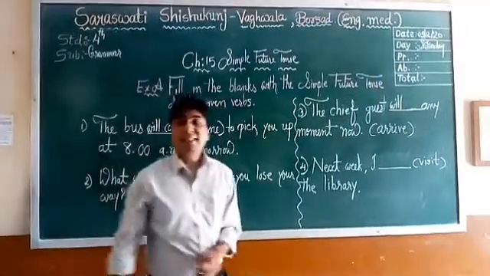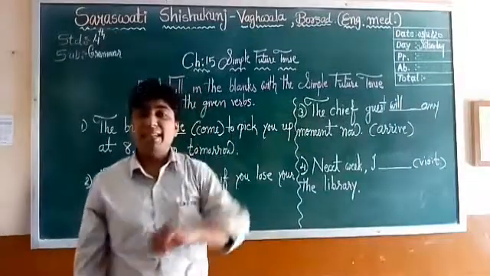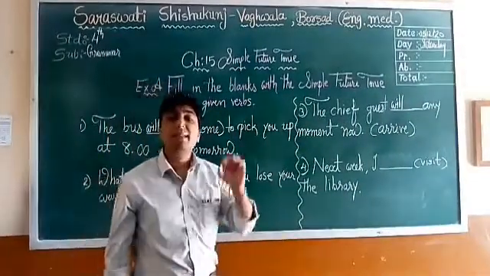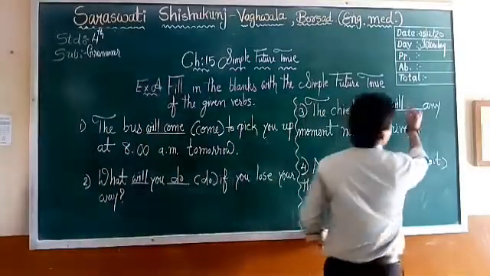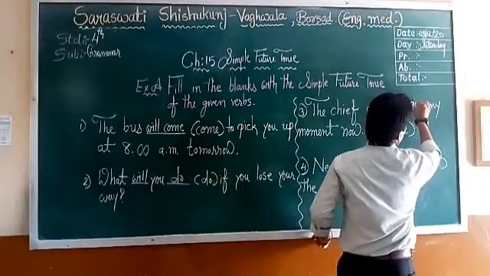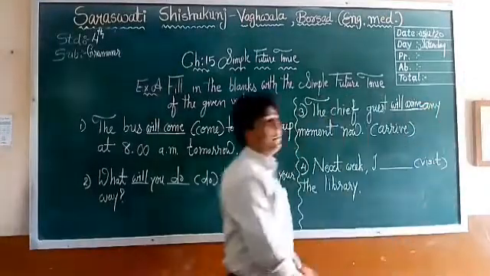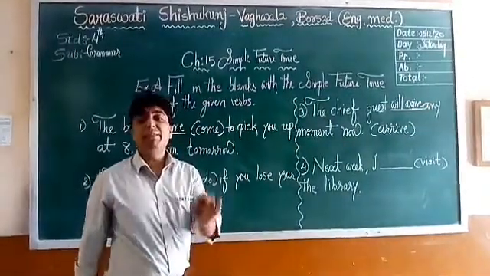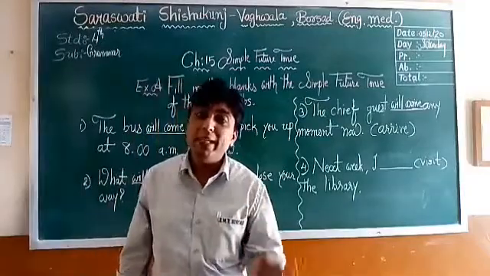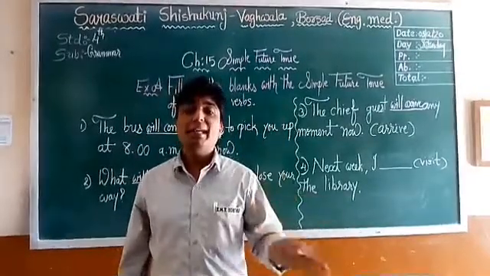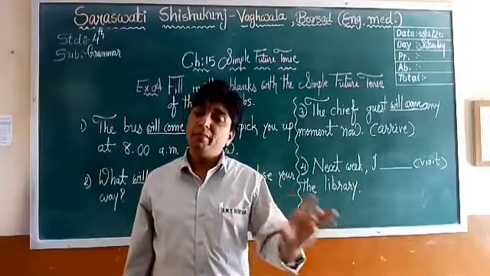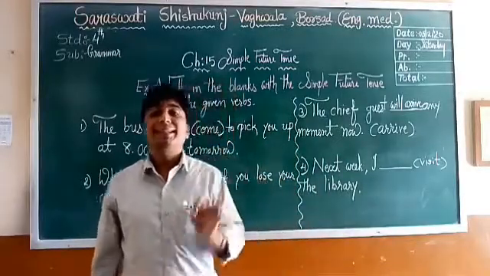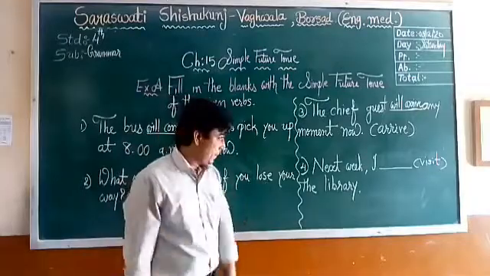And what is the main verb? The verb which has been given in the bracket, that is arrive. So, will arrive. Remember, there will be no ing, no ed, no s or es after the verb. The main form of the verb is what we will use in simple future tense.